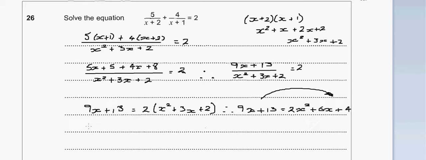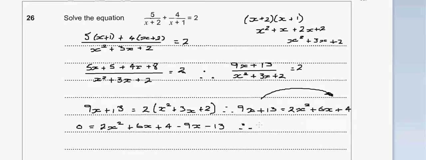So 0 equals 2x squared plus 6x plus 4 minus 9x minus 13.